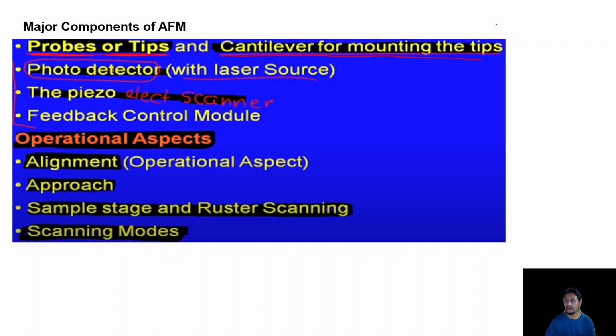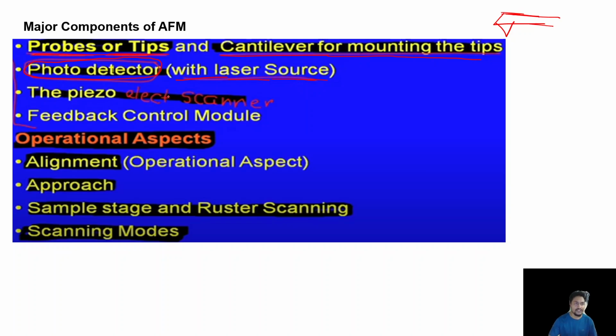This is a tip and there is a cantilever which is mounting this tip. So this is the first part. There is a photo detector, which is position sensitive, with a laser source, because the laser is falling onto this cantilever reflecting surface, and then we get the position of the reflection.